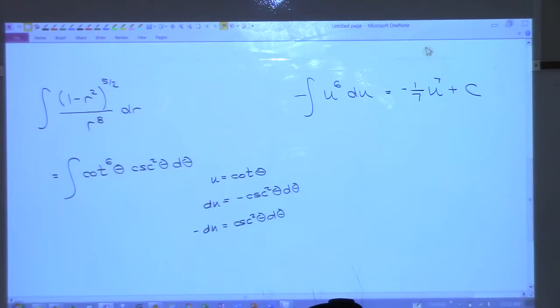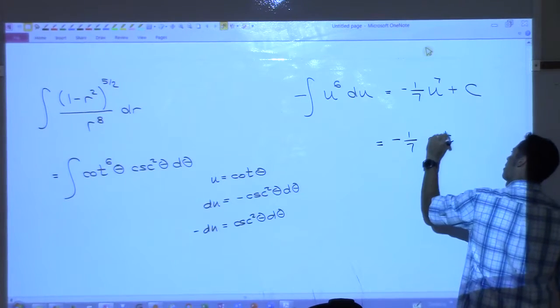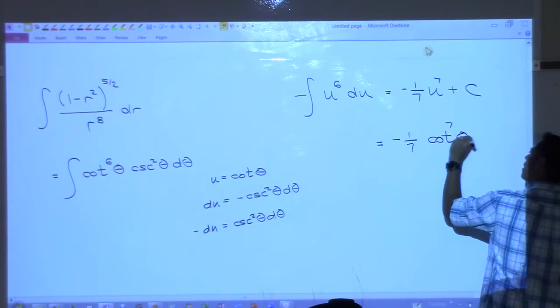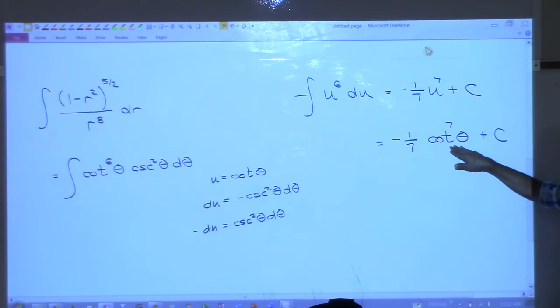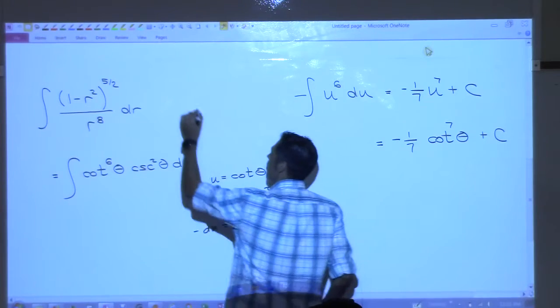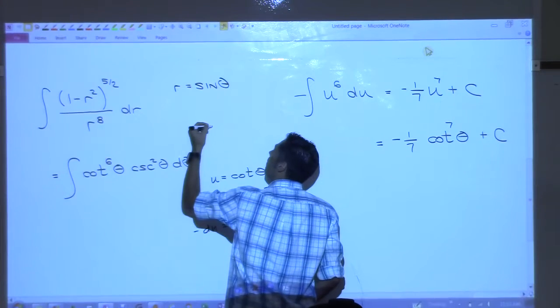So that's just power rule, right? Now we have to get from u all the way back to r, right? So this is really negative 1/7 cotangent to the 7th theta plus c. And now I need to know what cotangent of theta was. And way back somewhere, we made a substitution. We said r was equal to sine theta, right?